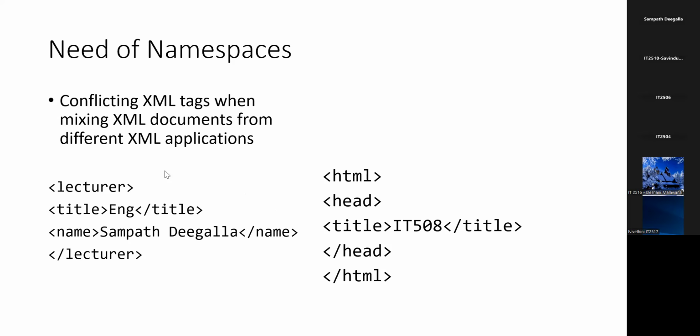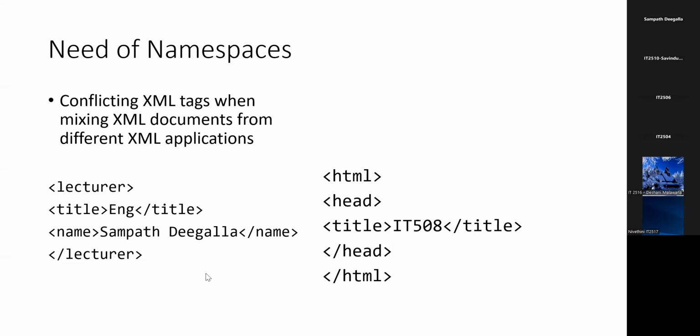The idea of using namespaces is for when you want to mix XML documents, especially from different applications. Can you notice that on the left-hand side we have lecturer, title, name information, and on the right-hand side we have HTML tags.